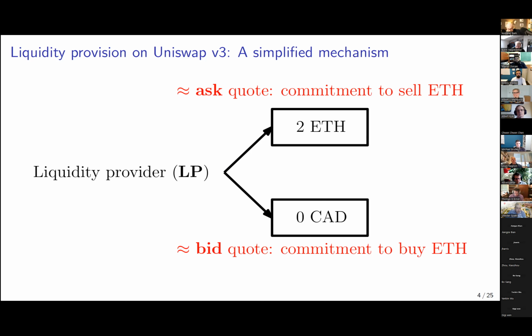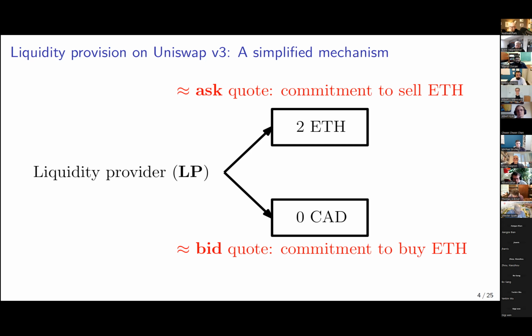Because you're no longer doing a two-sided market, you're doing a one-sided market that exposes you a bit more to price risk, so you might want to rebalance. But if you believe the order flow is balanced, and there's a buy and a sell and a buy and a sell and so forth, if the next trade is going to be an Ether buy, that's going to take the Ether and put back the Canadian dollar. So you're going to end up pretty much in the same position that you started from.